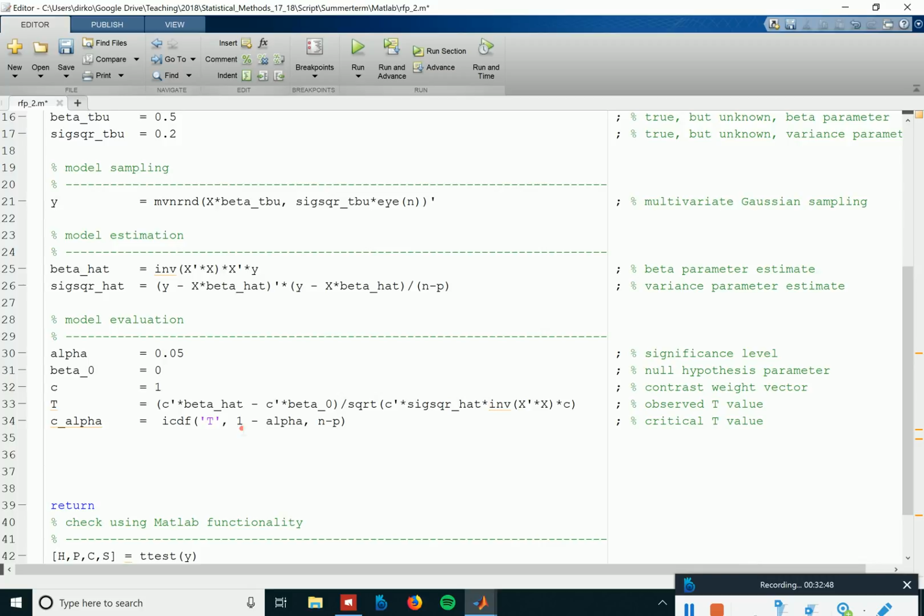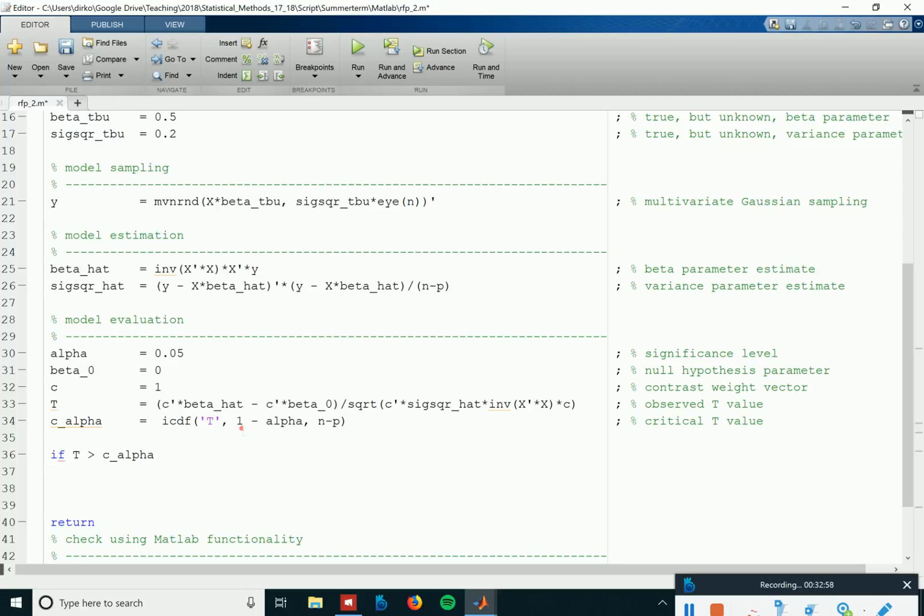So because we now have these, we can do the following. If t is larger than C alpha, then let's call that phi, because we will call that phi later on. Then we reject the null hypothesis, which we encode as phi being 1, else phi equals 0.